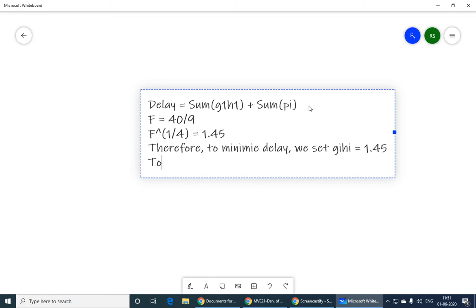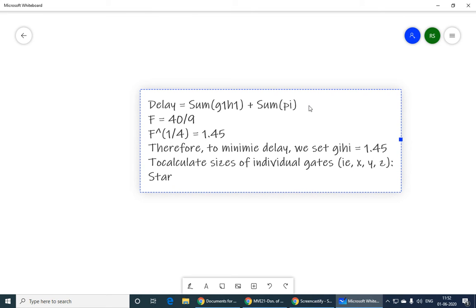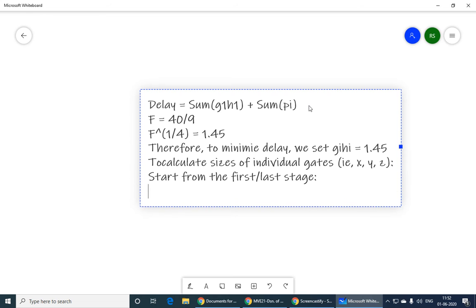Okay, to calculate sizes of individual gates I, X, Y, Z. Okay, start from the first or last, doesn't matter. Okay, let's say we start from the first stage. So G1 H1 equal to 1.45. Okay, so therefore, 1.45, what is the value of G1?